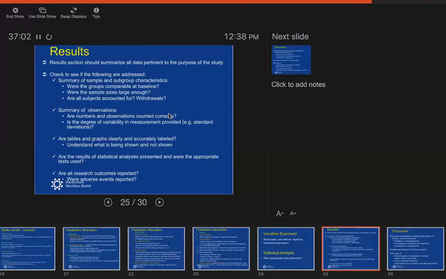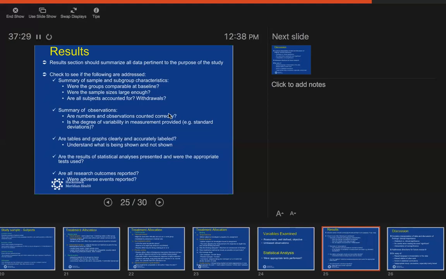So in the results section, the results should summarize all the pertinent data. You want to look at the beginning of the results section, the baseline characteristics. Usually the first table tells you how comparable the groups were. Whatever the important parameters are, you want to see that they listed them, or that the text of the paper describes them. Is the sample size large enough?